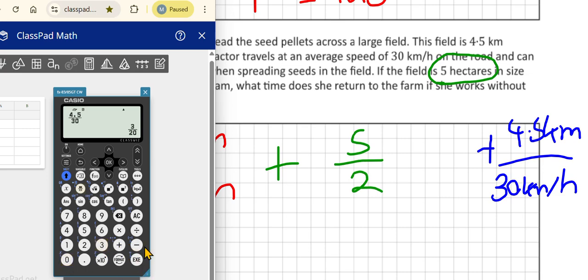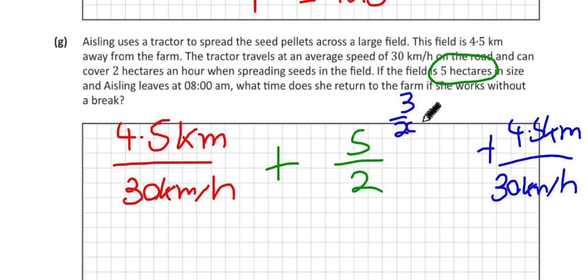So there's a button for this. See this button above the plus sign? Shift that button there. And it's 9 minutes. Does everybody see that? It's 9 minutes. 3/20ths of an hour is 9 minutes, because you can multiply it by 60 and it'll turn into minutes. So that takes 9 minutes.